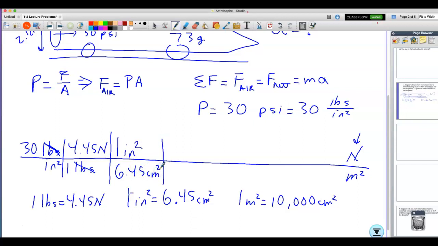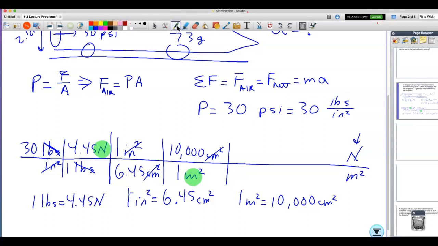So that's going to get rid of our inches for us. We're in centimeters, but now we need to go to meters, right? So the 10,000 centimeters squared goes on the top, and 1 meter squared goes on the bottom. So that gets rid of those. And so now we have newtons per meter squared, which is what we wanted.